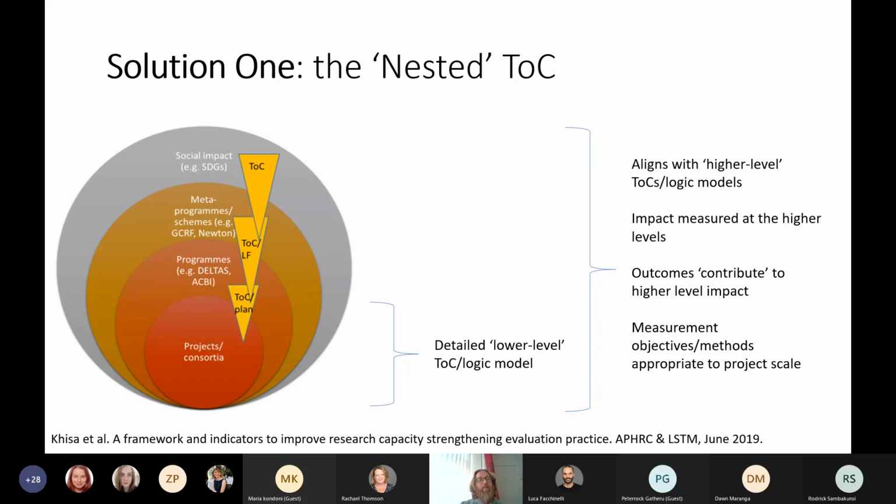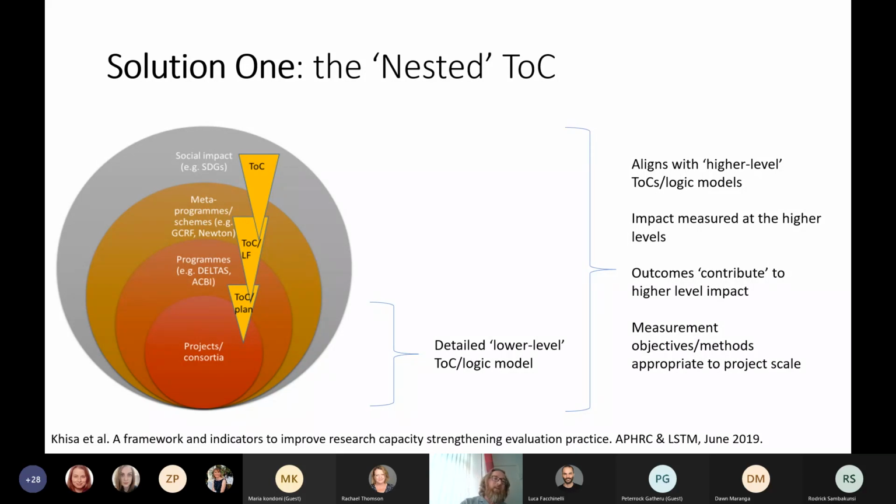So if we look at this graphic here, there are four ever larger circles, if you like. The smaller circle at the bottom would be your detailed theory of change, or indeed logic model, in that whilst you're hoping to contribute to social impact at that higher level, you recognise your project on its own is not going to do that, or has minimal contribution to that, but that's what you are ultimately working towards.